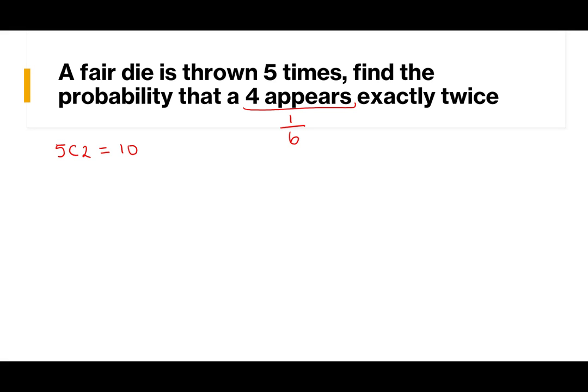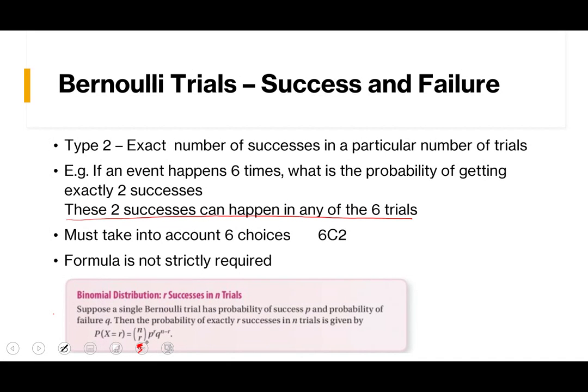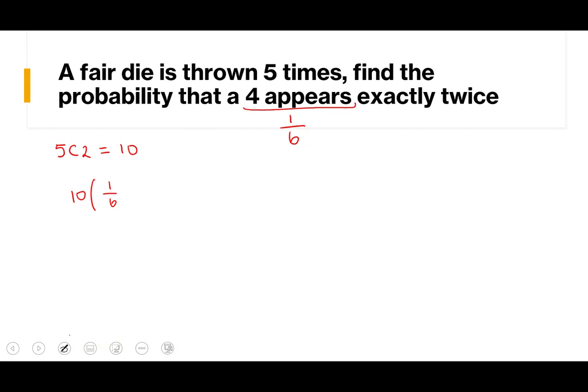So that's 10. I've got 10 times, and I have to get the 4 twice, so I need 1/6 twice. I'm going to use the formula, but you don't have to. So my 1/6, I'm going to use it twice. I could just say 1/6 times 1/6 either way.